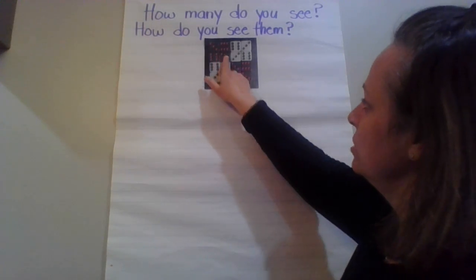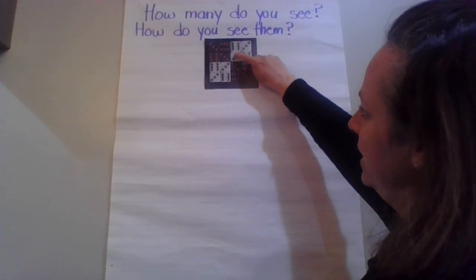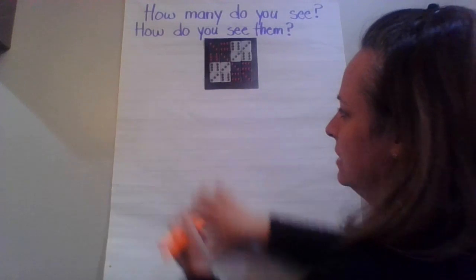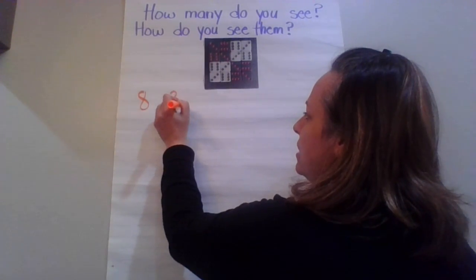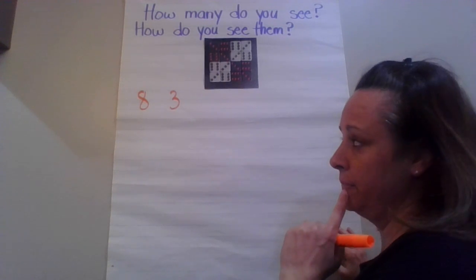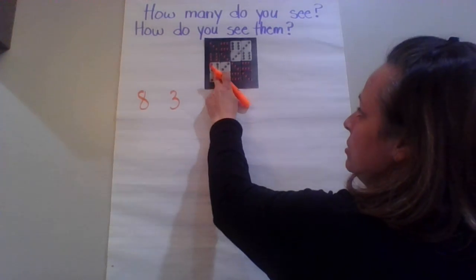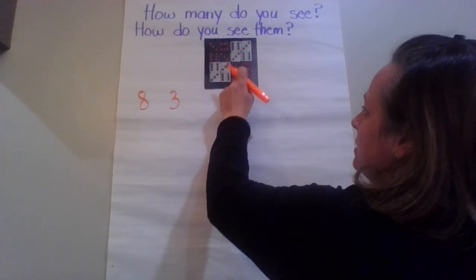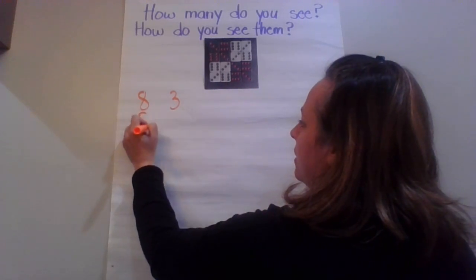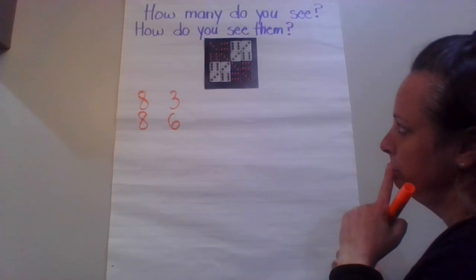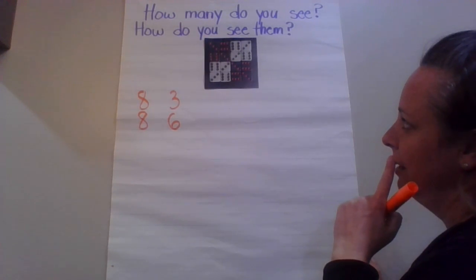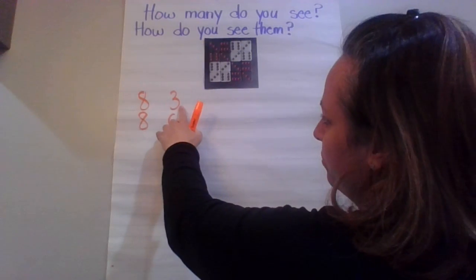I see 1, 2, 3, 4, 5, 6, 7, 8 dice that have 3 pips. I also see 1, 2, 3, 4, 5, 6, 7, 8 dice that have 6 pips on them. 8 dice with 3 pips.